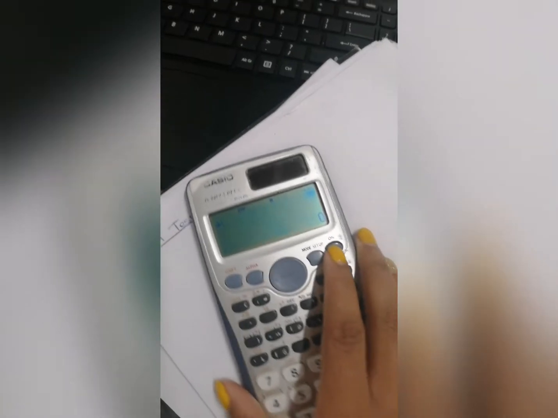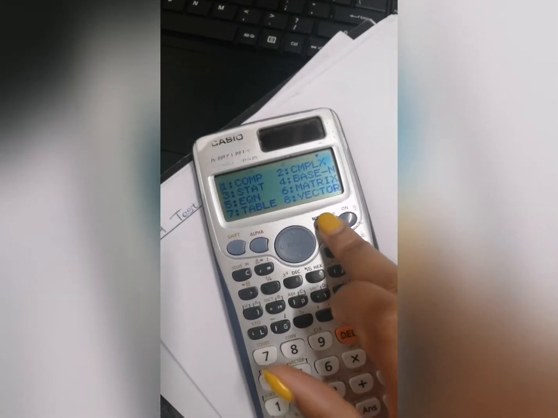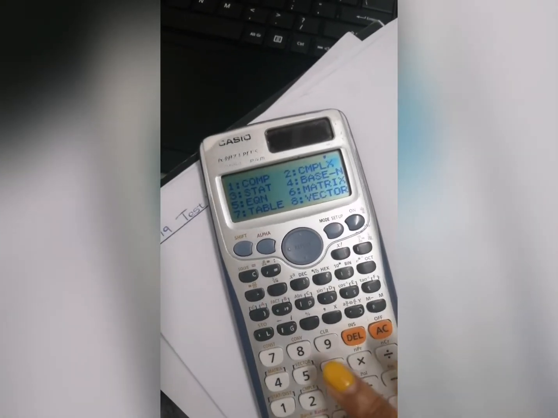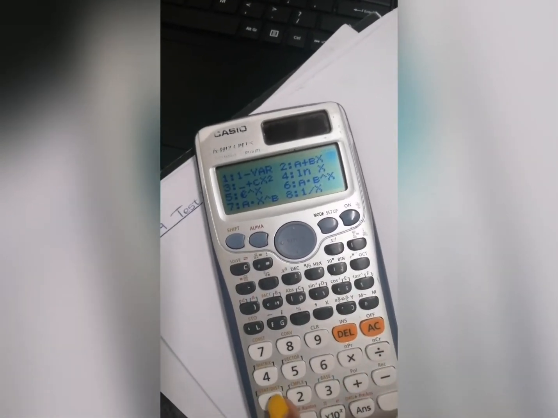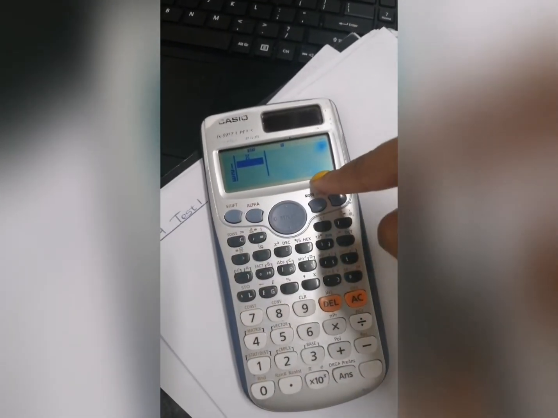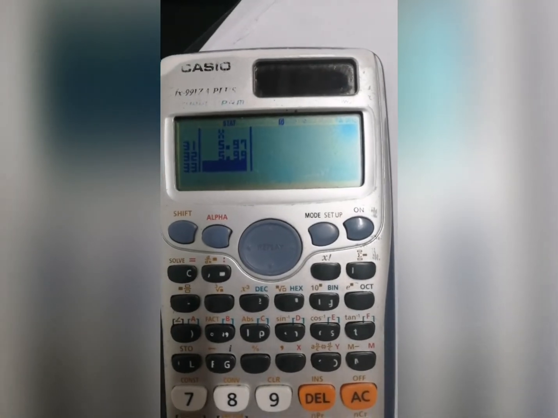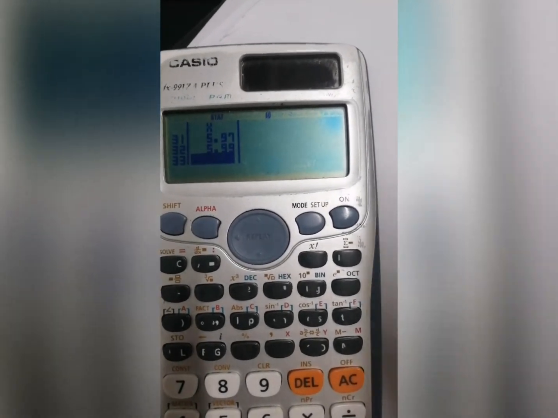Okay guys, so this is my calculator. The first thing that you do, you're going to press this button here, then you're going to press number 3, then you're going to press number 1, then you will insert all the data values that are given to you. Okay, so I've inserted all my data.